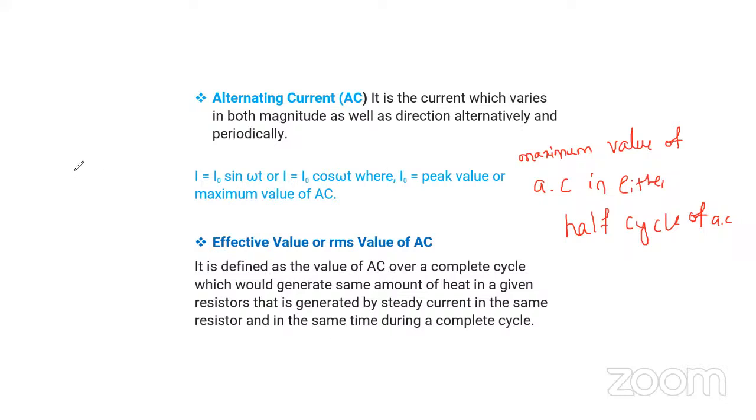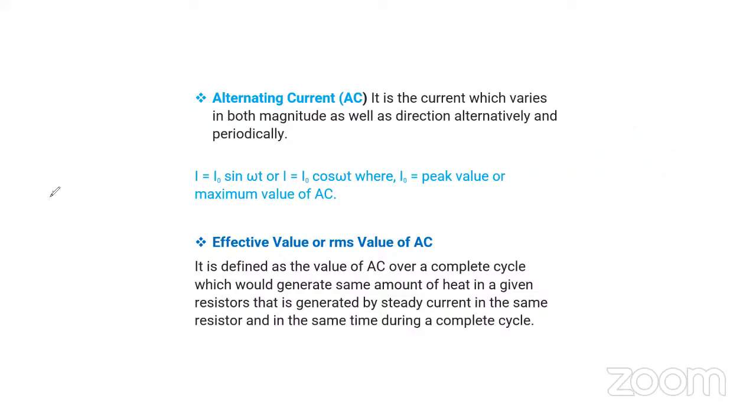Okay, here we define one more term, the mean value or the average value of AC. What is the mean value of AC? Mean value is the mean of all the instantaneous values. The instantaneous value of current we defined as I. So I1 plus I2 plus I3, the mean value of alternating current is taken over either half cycle.